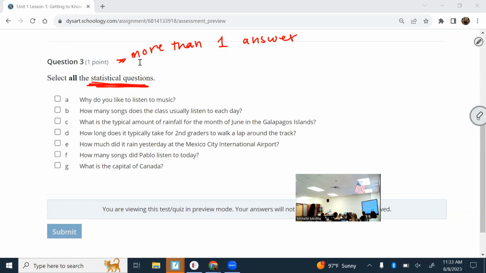When you ask someone, why do you like to listen to music? What would you say that is? Statistical or non-statistical? Okay, and I think that's what the key says. You can probably get a variety of answers.